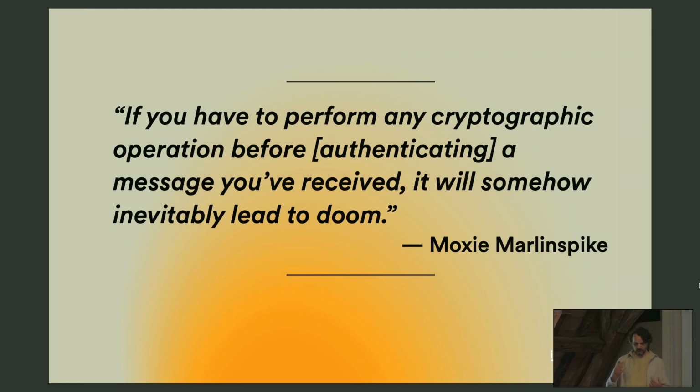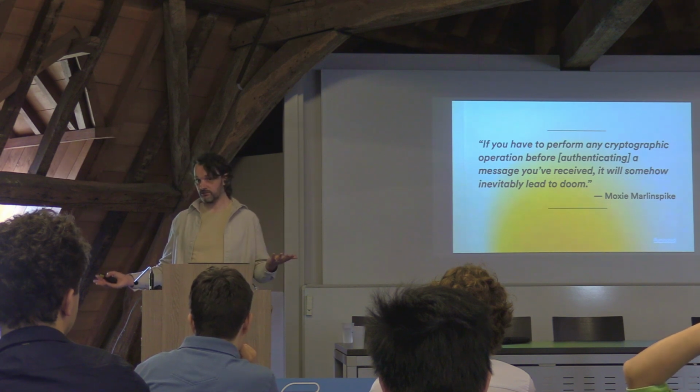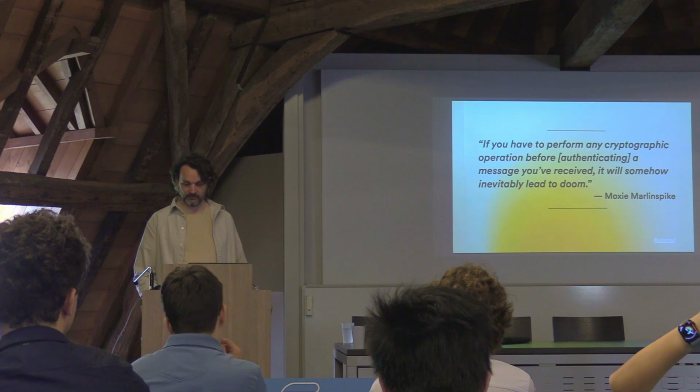He went through various cases in old versions of TLS and SSH where this happened, but it's basically the same idea with this JWT. You have to read that header and trust that algorithm value before you've verified any kind of signature on that message to determine whether it's trustworthy. So you've got a kind of chicken and egg situation.